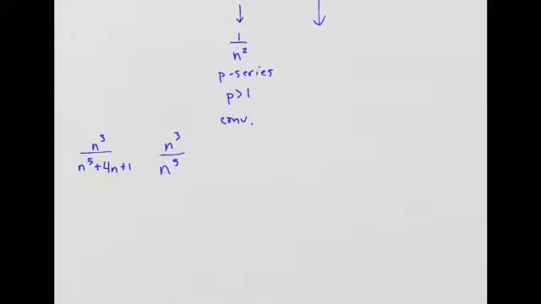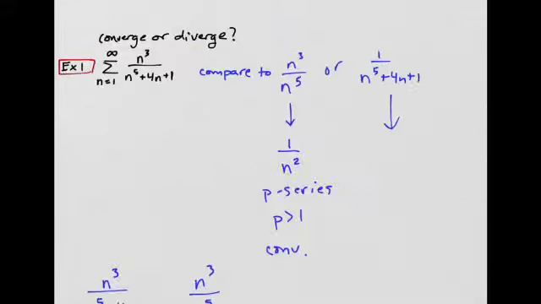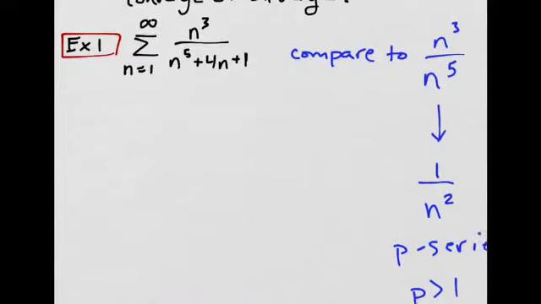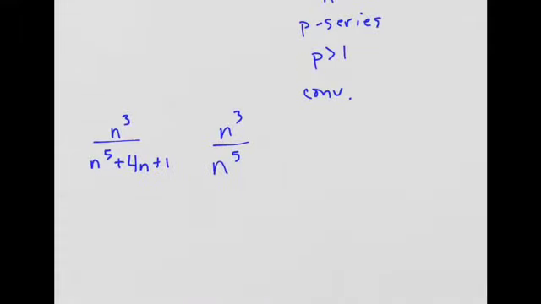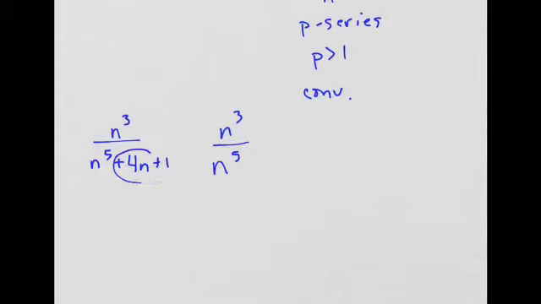Okay, so if I have two fractions, actually, remember, n is 1 and greater, so n is always positive. And the only difference between these two fractions is that this is gone in the second one, right? That's gone. And this is always a positive number. So I'm taking n to the 5th and I'm adding something positive to it.